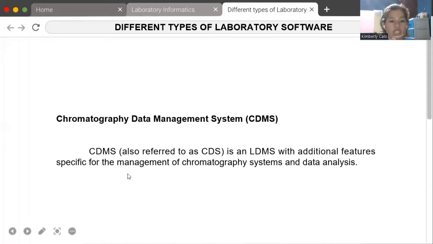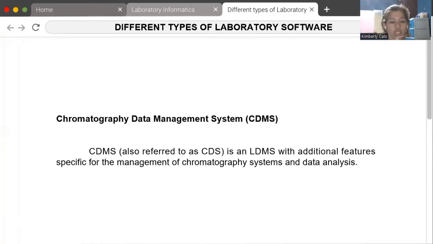These are usually cloud-based systems with local clients, and all chromatographic systems are controlled by the central server, which also allows remote control and data analysis.